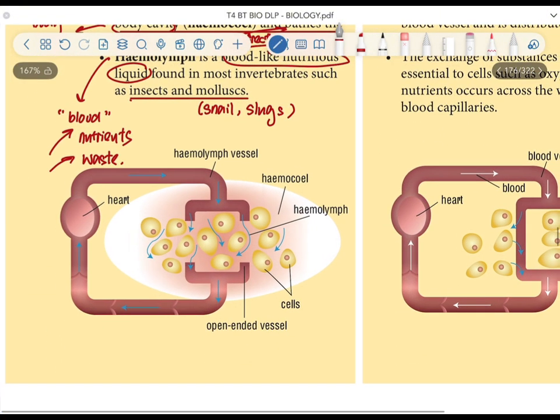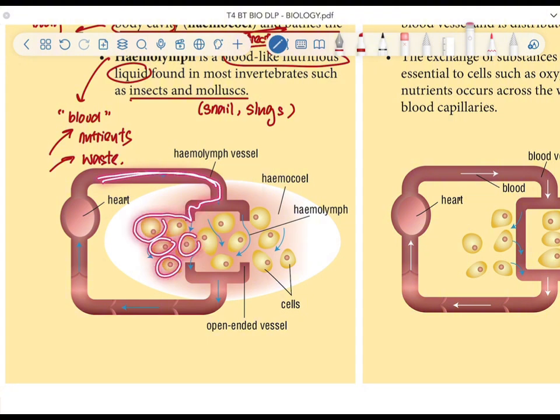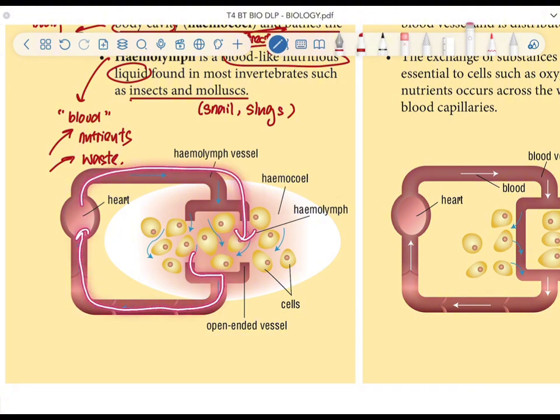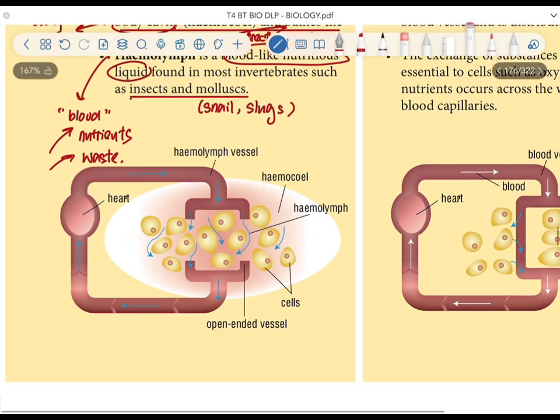Just like this diagram, this is the hemolymph vessel, and this is the heart. The hemolymph directly contacts every single cell here, and after the exchange of gases, nutrients and waste, the hemolymph continues to flow back to the heart, and then the cycle repeats.